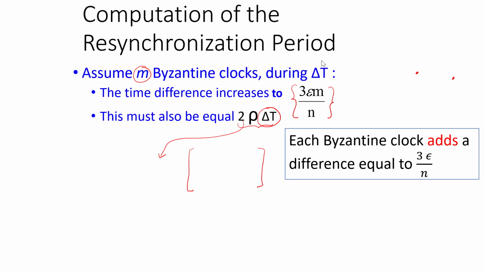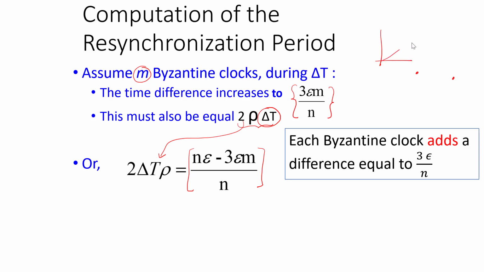Of course, if we consider m Byzantine nodes, the correction factor will change, but we will arrive at this equation. The reason is like this: let us consider an ideal clock. Let us further consider the worst case, that C5 is drifting in a certain direction, above the ideal clock, and the average or the correction factor is drifting in the opposite direction of the ideal clock.